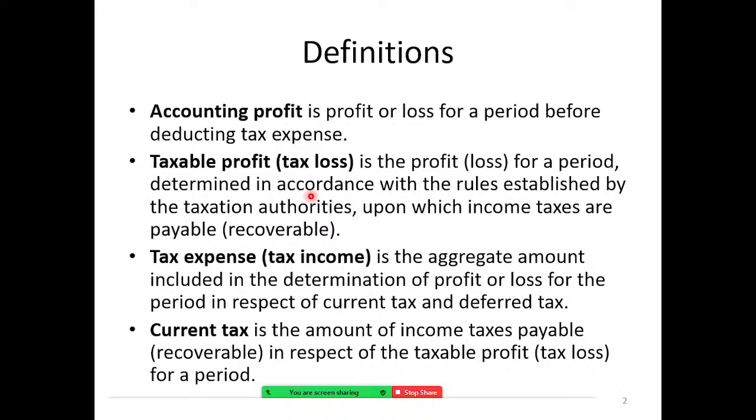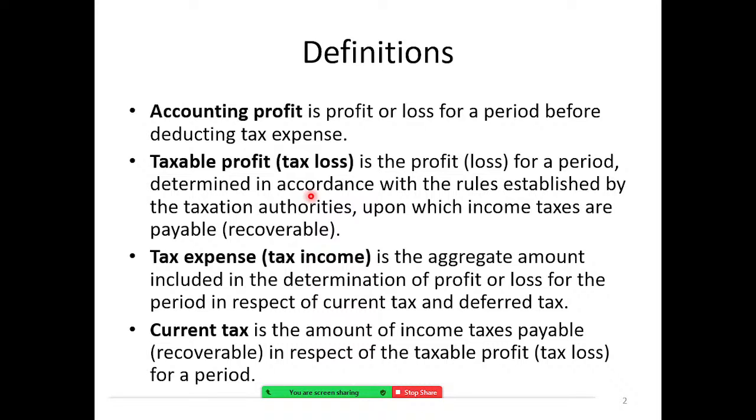Some expenditures are not allowable in their tax rules, but those expenses are allowed in accounting profit. When you calculate accounting profit, some expenses are allowed to be deducted, but when you calculate taxable profit, some expenses are not allowed as a deduction. So there are differences, right?